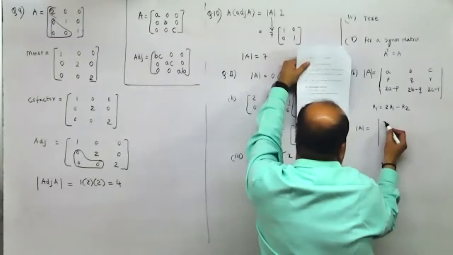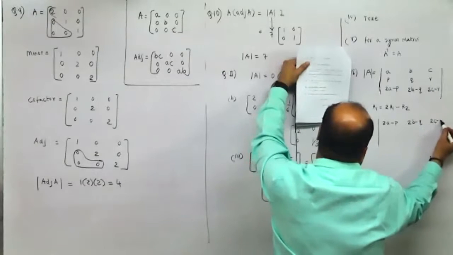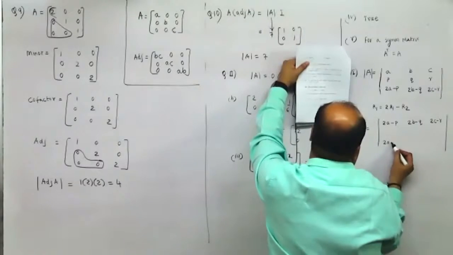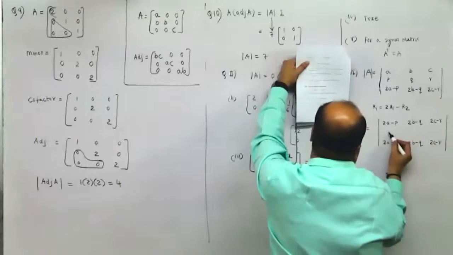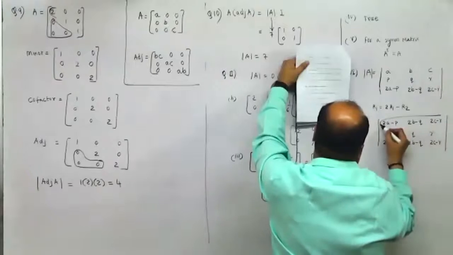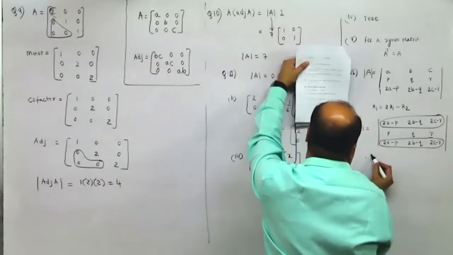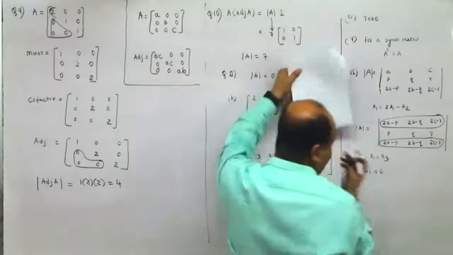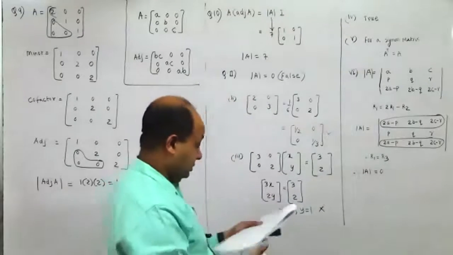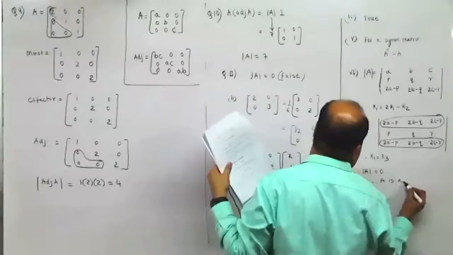So this would be 2A minus P, this would be 2B minus Q, this would be 2C minus R. Here too it would be 2A minus P, 2B minus Q, and 2C minus R. This is PQR. Now here the first and the third rows are same, since R1 equal to R3, therefore D equal to 0, therefore determinant value of A is equal to 0. And therefore A is a singular matrix.